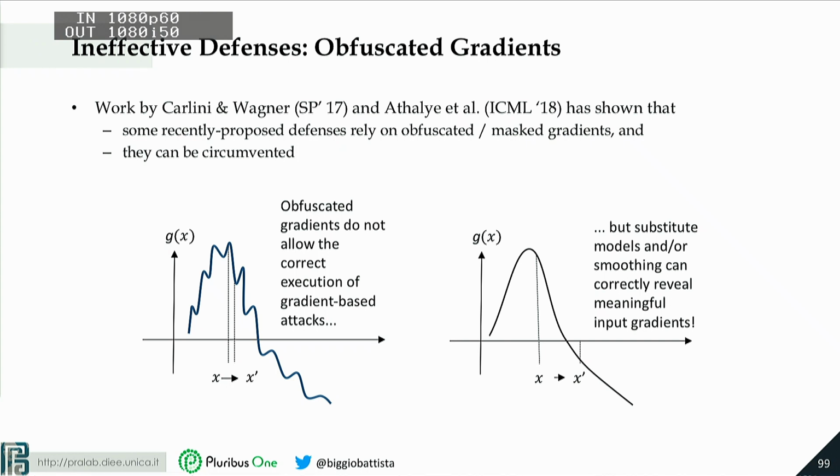And so to defeat these kinds of defenses, you can simply smooth out the function again, for example, by learning a similar classifier which has a smoother surface. And then it can be optimized again with gradient descent in an easy way.